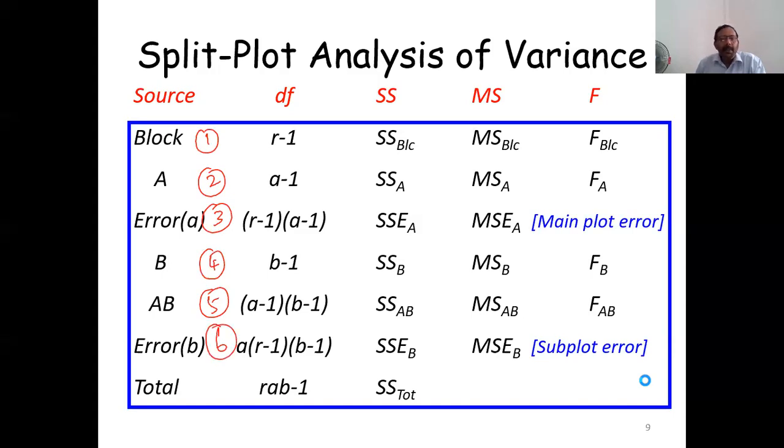Six components are coming. We'll have to describe all these six components in the Anova table. So here we have described what this block effect is. In our model, how did we indicate this?